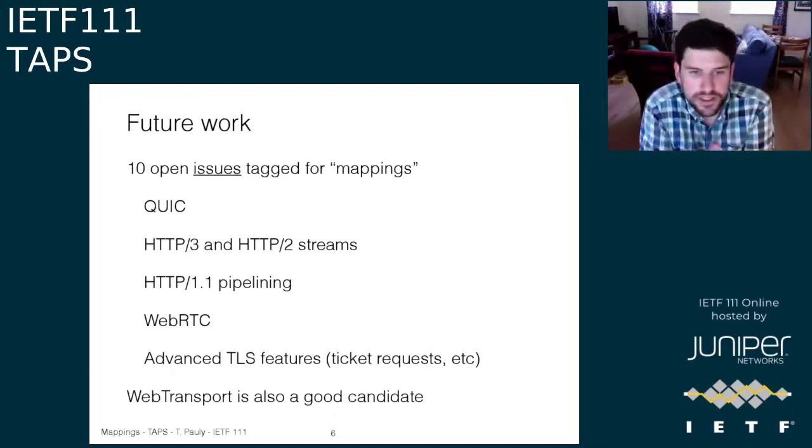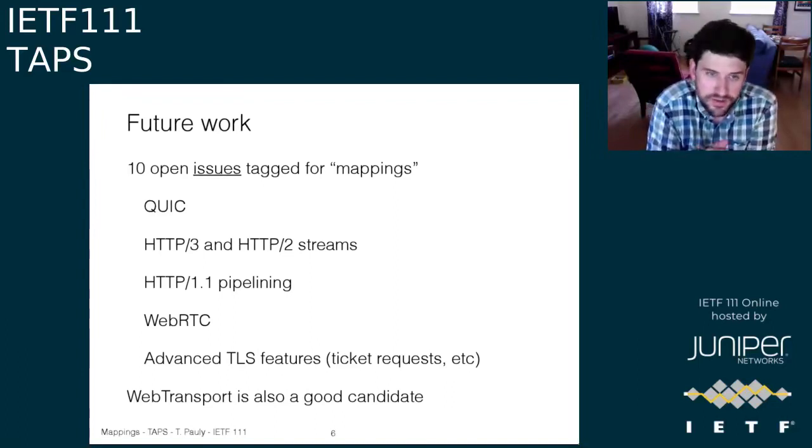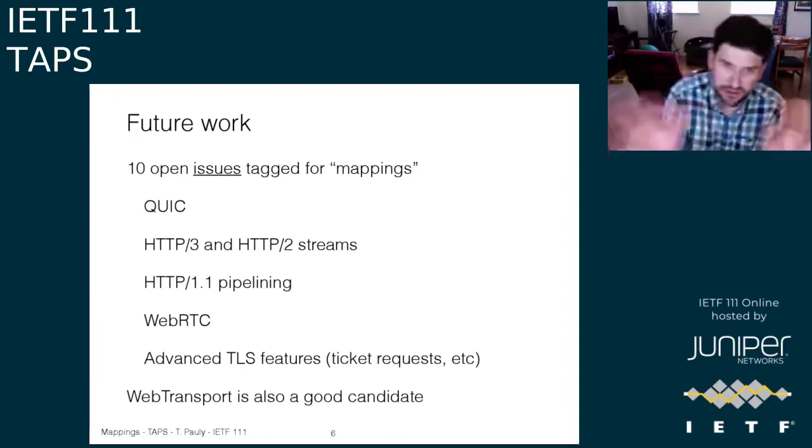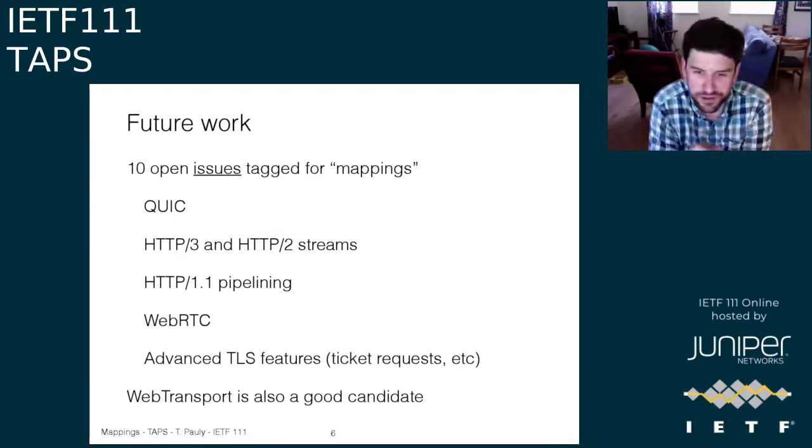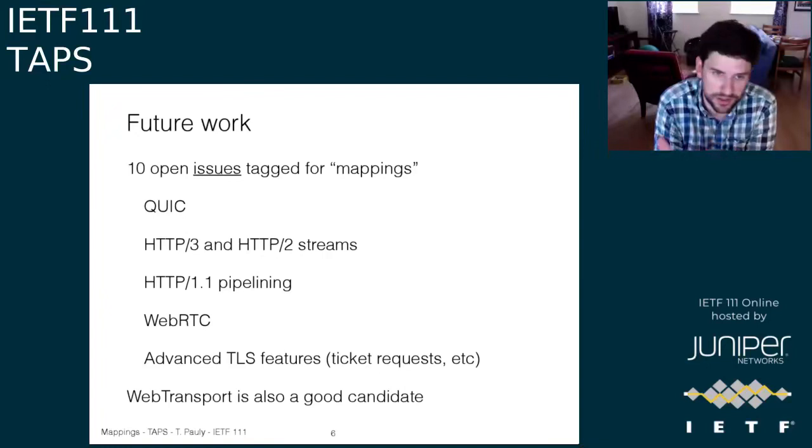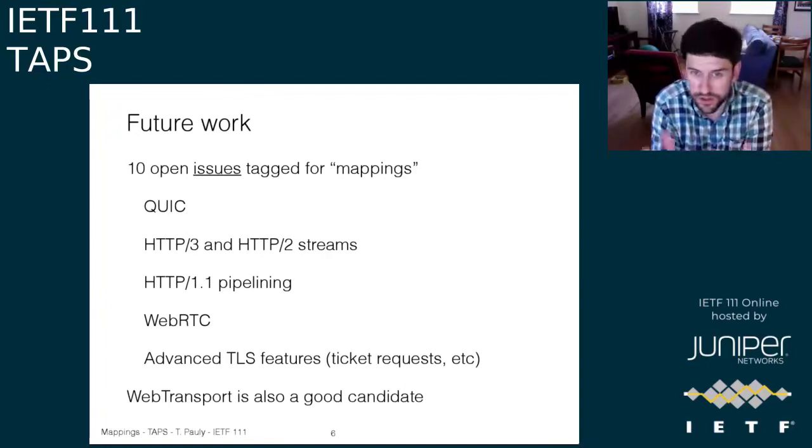Looking at the different ways that we could go forward, we already have 10 open issues on our GitHub that we've tagged provisionally as mappings. These sound like things that we could do in future mapping documents. So an obvious one is QUIC, but we also have issues around how we handle HTTP/3 and HTTP/2 streams.